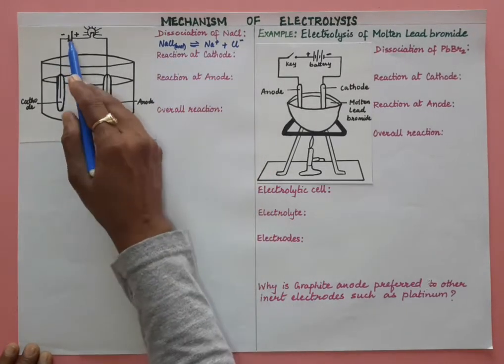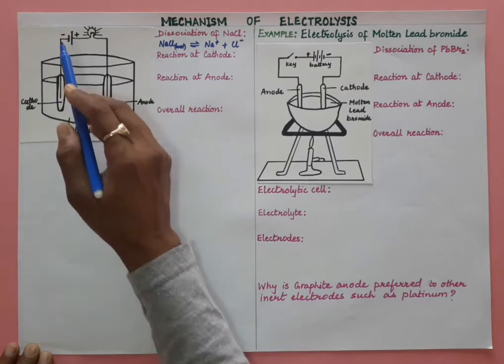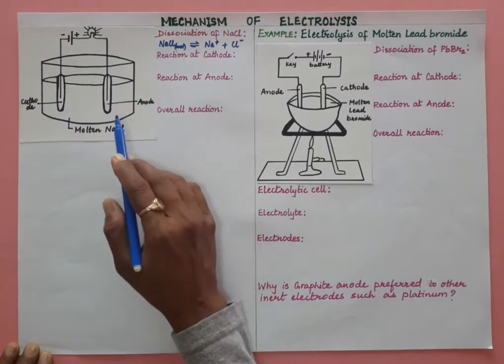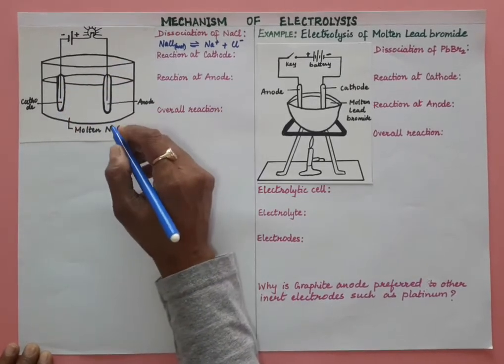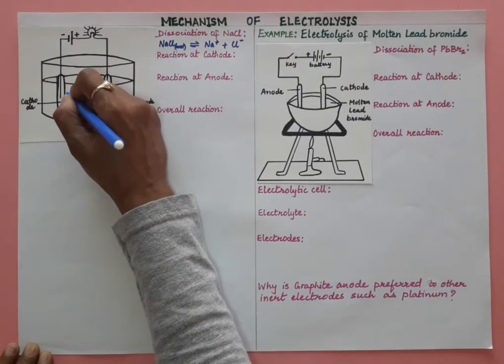When the circuit is closed, positive ions are attracted towards the cathode. Here we have molten NaCl, with sodium ions and chloride ions.